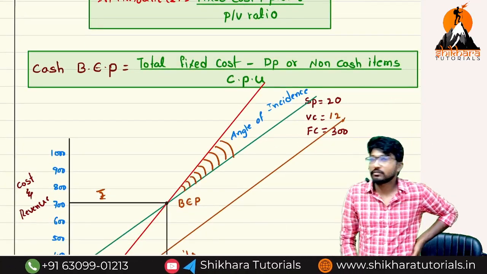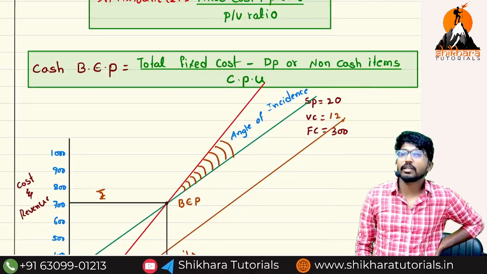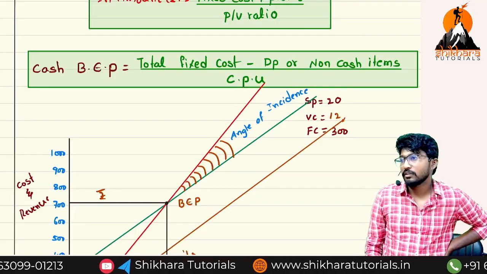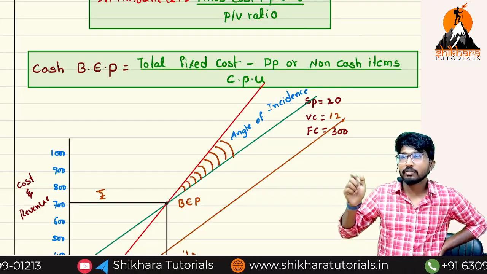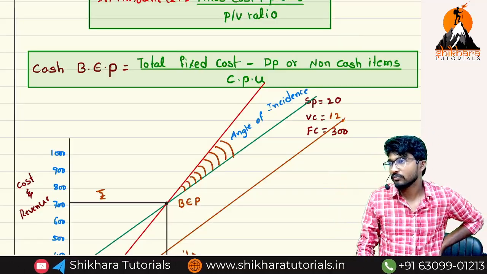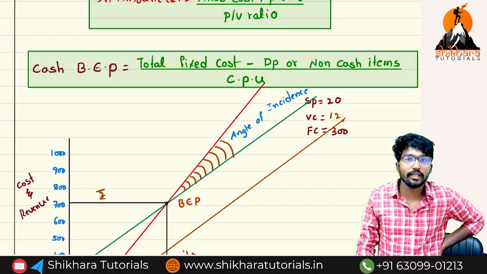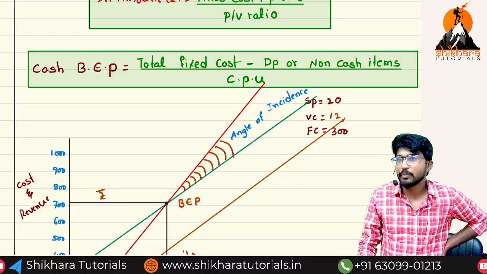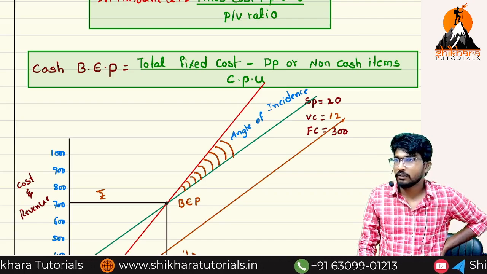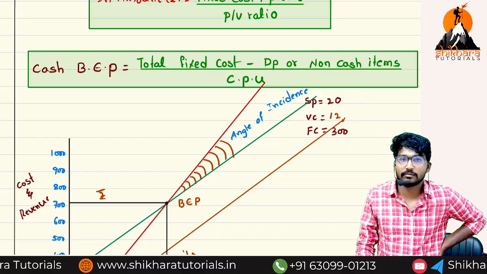Cash BEP. What is it? Cash BEP means we consider only the cash fixed cost. Sometimes fixed cost includes depreciation. Now, is depreciation a cash item? No, it is a non-cash expense.